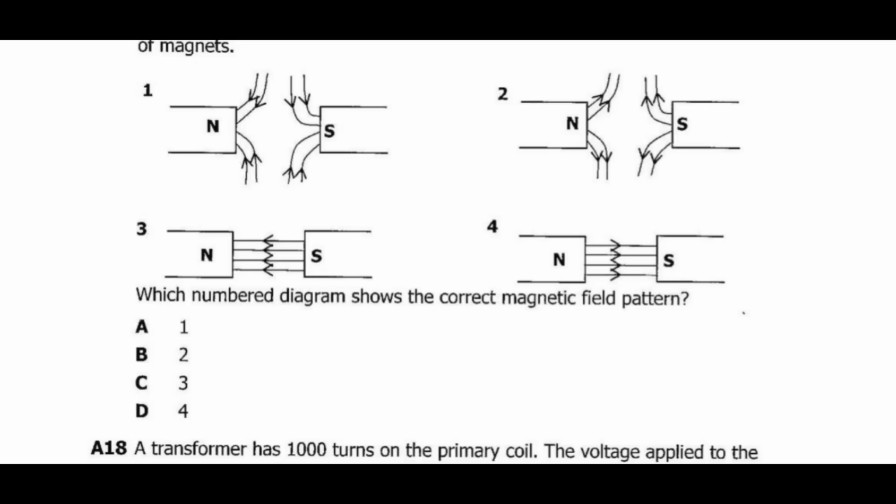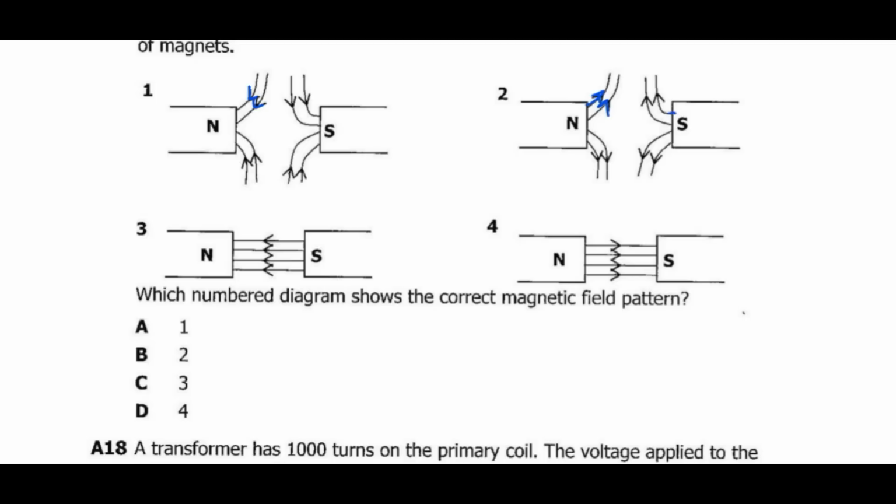So let's look at one. In one, we can see the arrows are indicating that the magnetic field lines are originating from the south pole and entering the north. So this is not true. What of two? In two, we can see that they are coming from the north pole. Okay, this is okay.